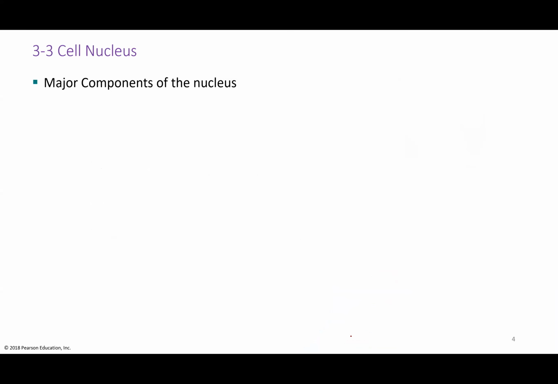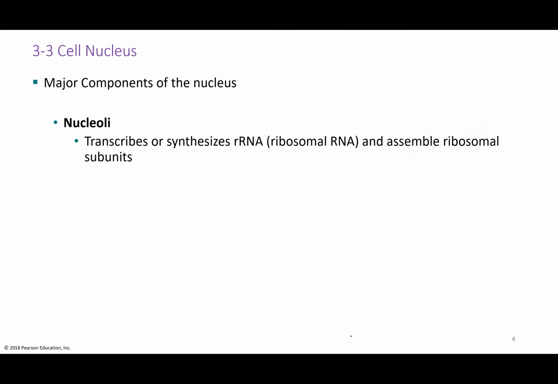Okay, major components of the nucleus, you have the nucleoli. And this is where it transcribes or synthesizes rRNA or ribosomal RNA and assembles those ribosomal subunits. So ribosomal RNA, there's two basic subunits.